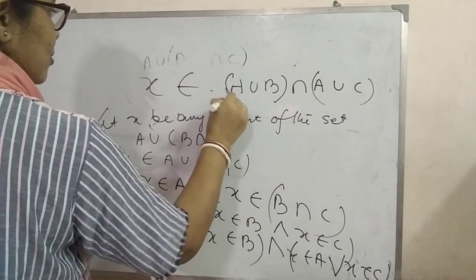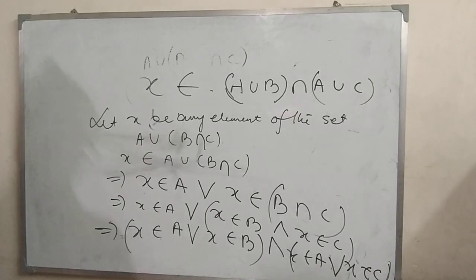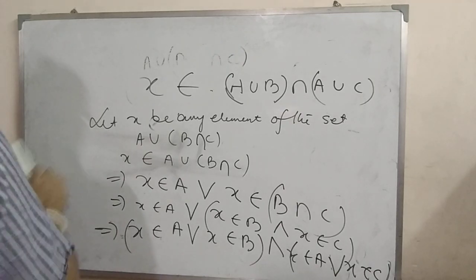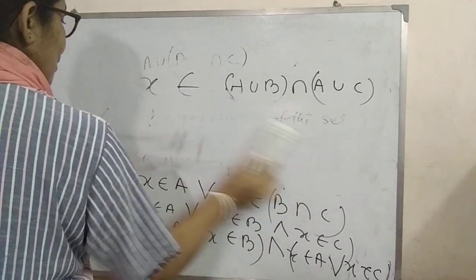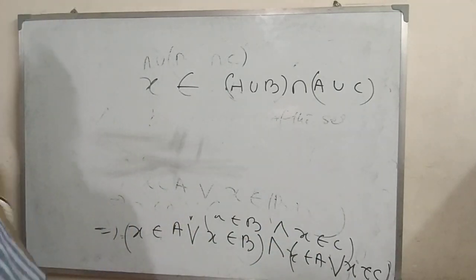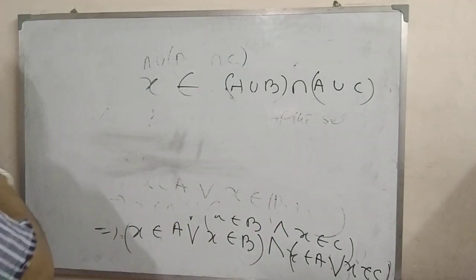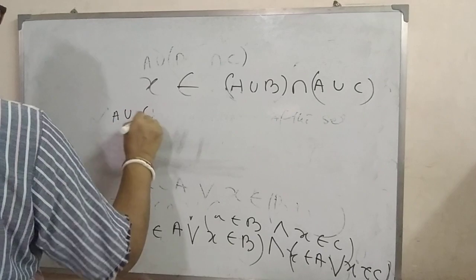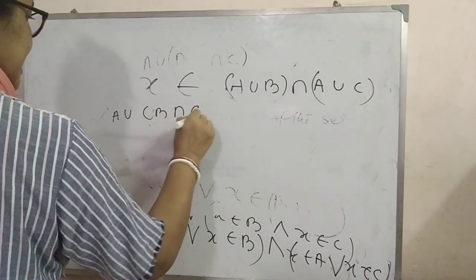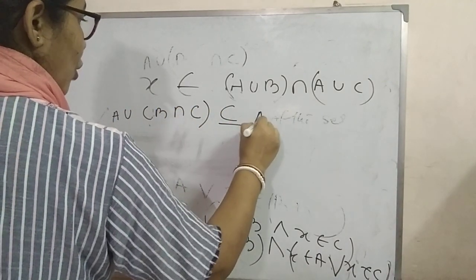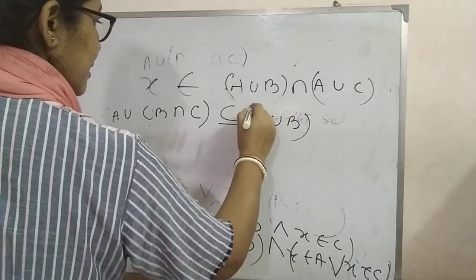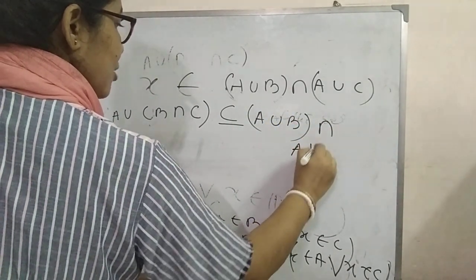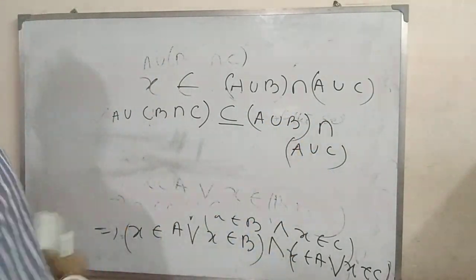X belongs to this. Okay, so I can write A union (B intersection C) is a subset of (A union B) intersection (A union C). Easily I can write it.